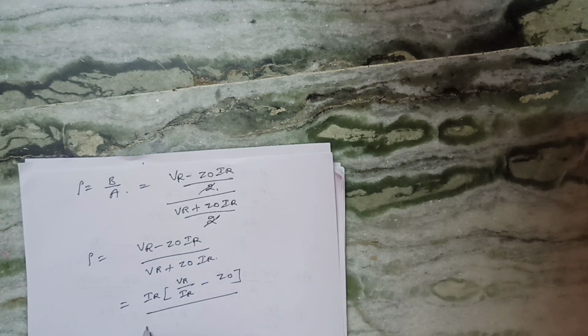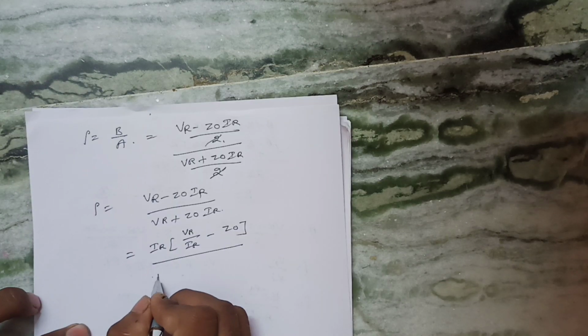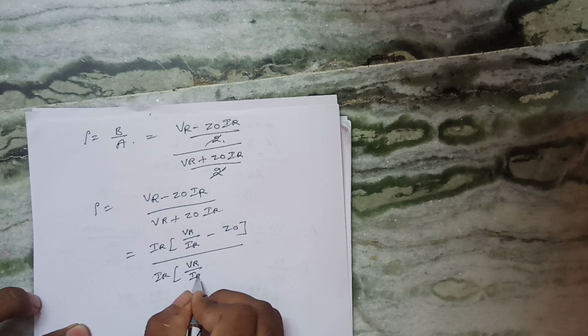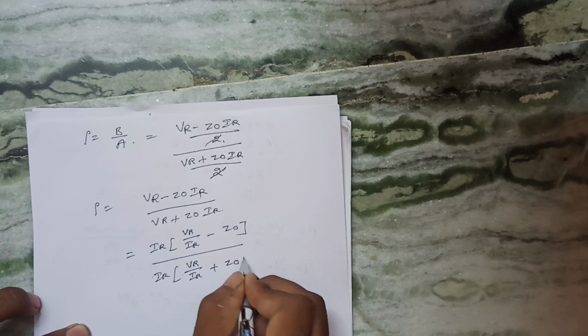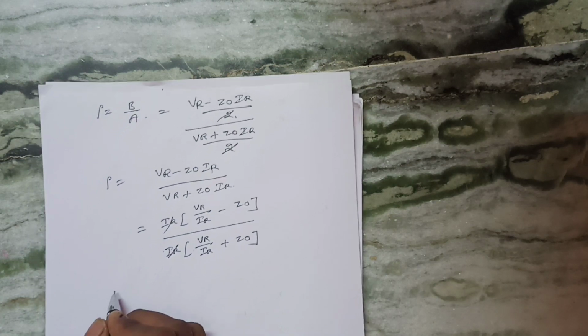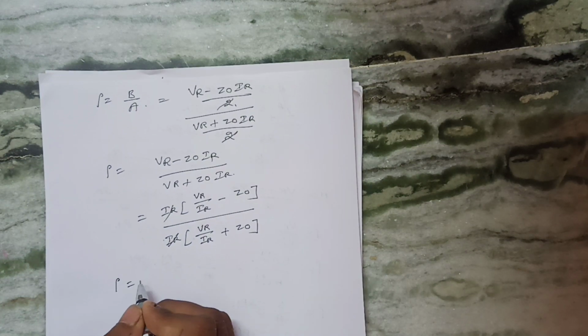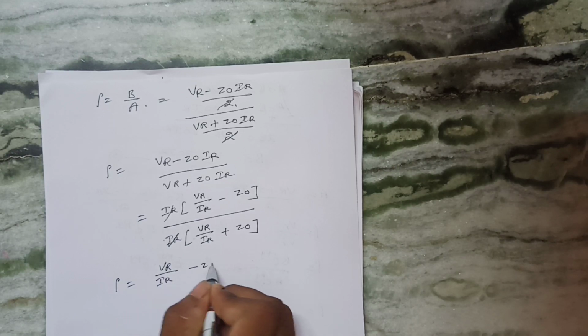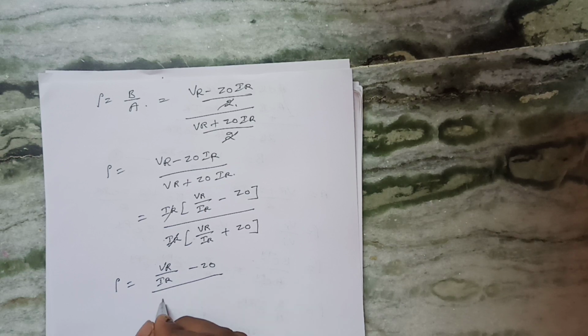In the denominator also we take I_R common, then V_R by I_R plus Z naught. I_R both cancel. Then the reflection coefficient rho is equal to V_R by I_R minus Z naught by V_R by I_R plus Z naught.